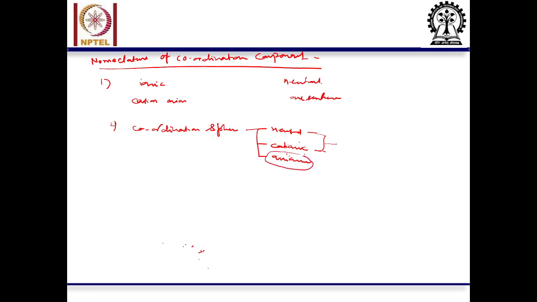But for anionic, we have a different rule regarding the nomenclature of the metal ion. That I will discuss in a further rule.